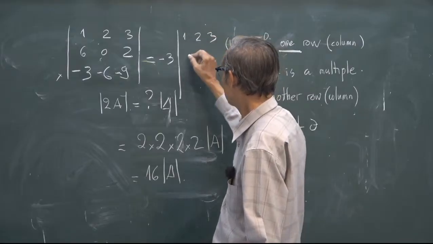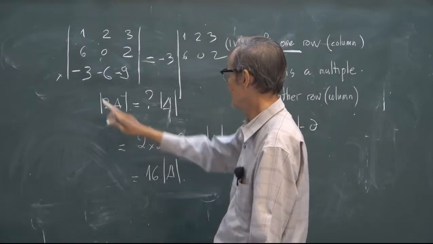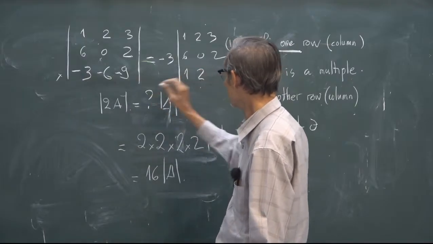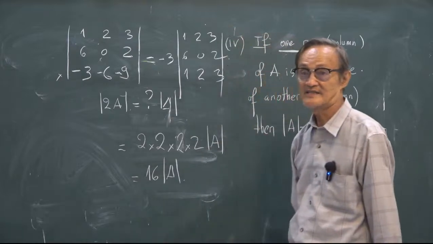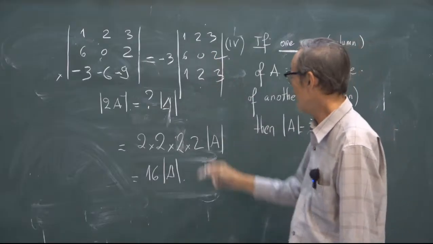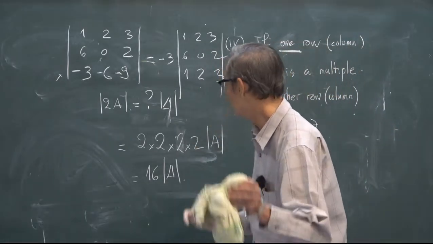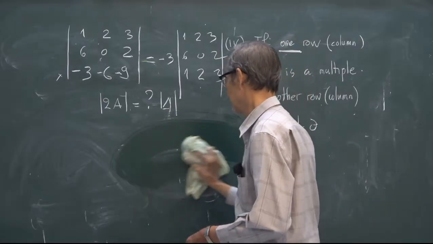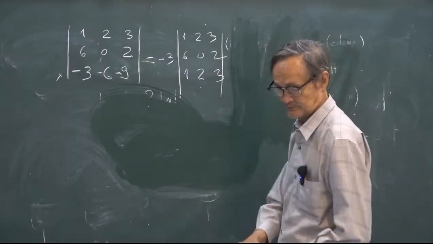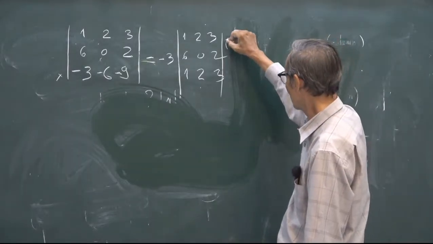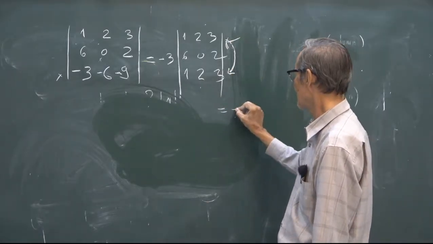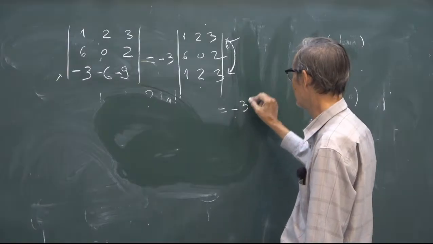Rewrite, and -3, 1, -3, 2, -3, 3. Okay. And we have the same, identical. Now we exchange 2 rows. Rewrite the common factor.